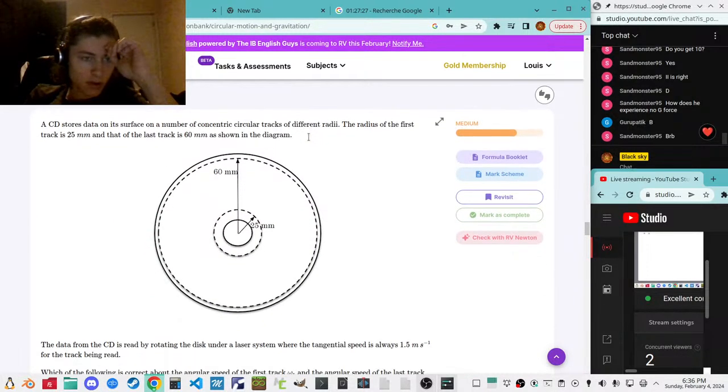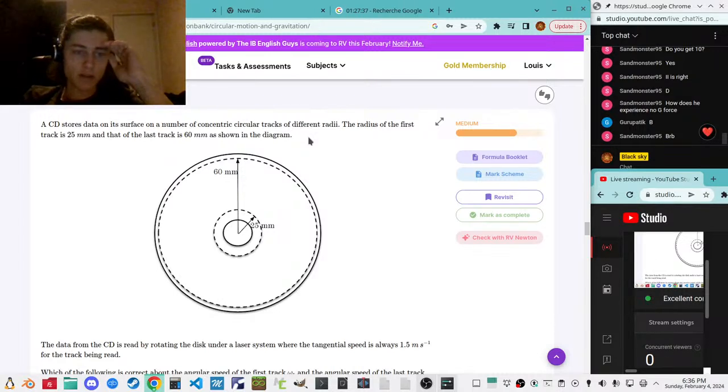A CD stores data on its surface on a number of concentric circular tracks of different radii. The radius of the first track is 25 millimeters. That of the last track is 60 millimeters, as shown in the diagram.